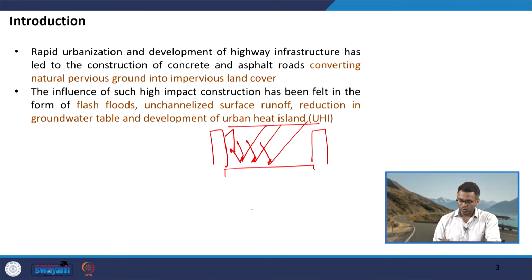Now, because of the urban setup, because of these buildings, these heat waves or the incoming waves are not able to go back to the atmosphere properly and they remain on the surface to a particular height. Because of the accumulation of this heat within or in the vicinity of the surface, in general the temperature of the location increases, and this temperature effect is called the urban heat island.